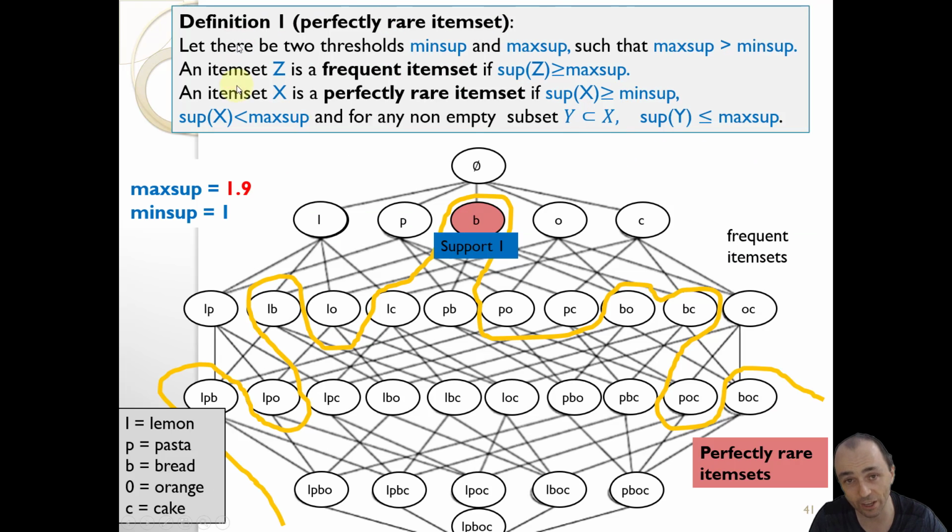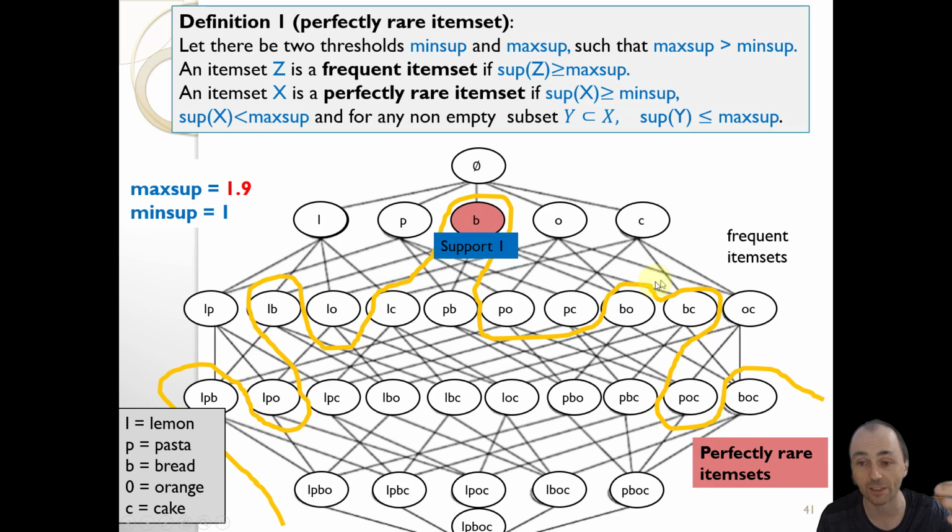So here I have the same definition and I use the same example. If I set the maximum support to 1.9, the frequent item sets will be on top, above the line here.